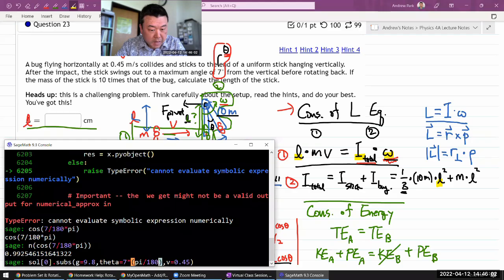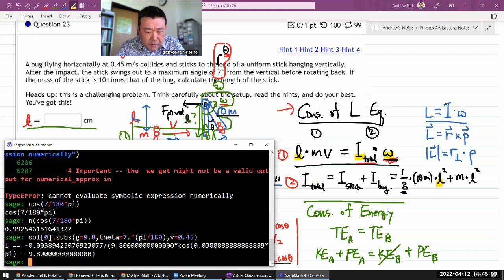I think if I turn this into a decimal approximation, it'll give me a numerical approximation. I'm a little confused. Oh, I know why. It's because of this left-hand side. That's why it's thinking it. So let me do it this way, because this will do what I want it to do.